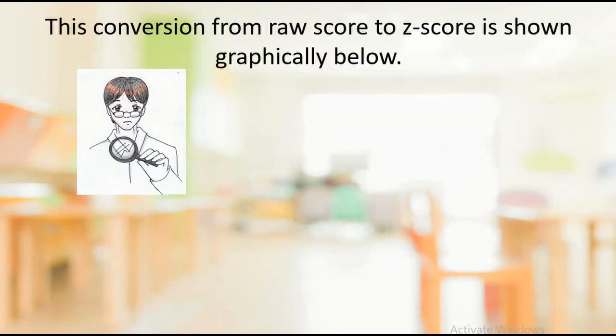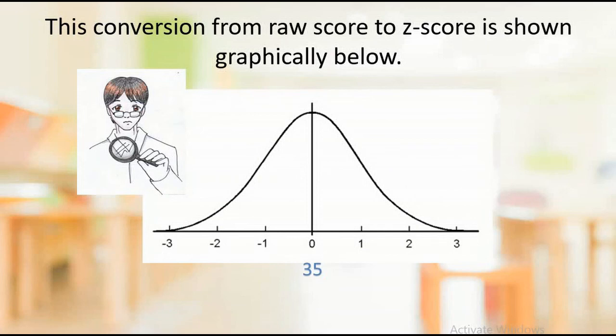This conversion from raw score to z-score is shown graphically below. So 35 is the center. So you subtract 5.5 as you go to the left. So 35 minus 5.5 is 29.5, 29.5 minus 5.5 is 24, 24 minus 5.5 is 18.5. Then as you go to the right, you add 5.5.